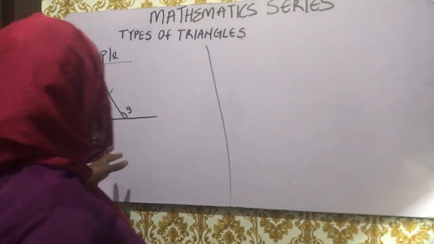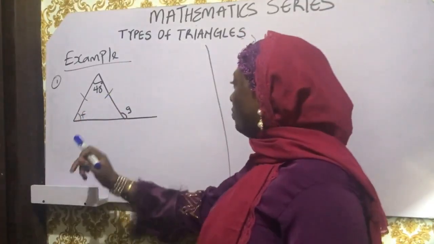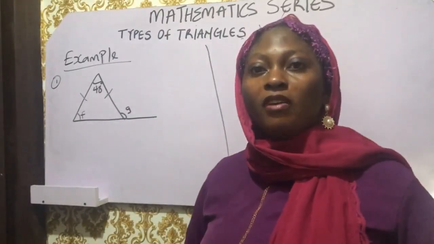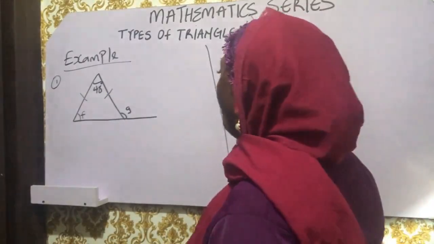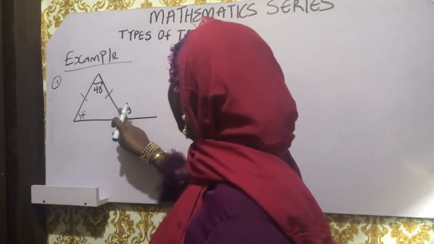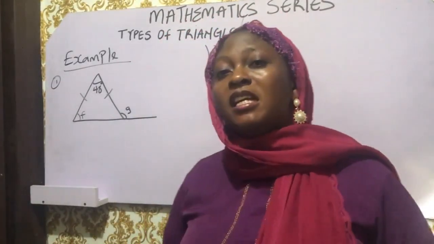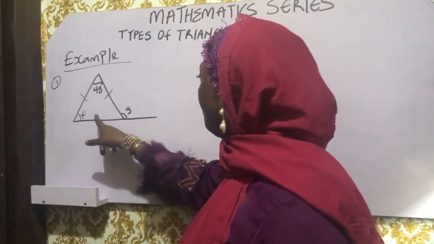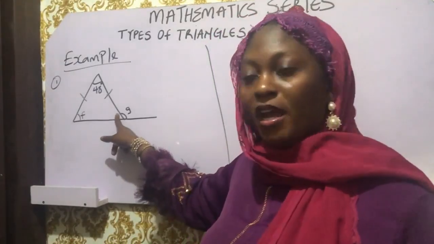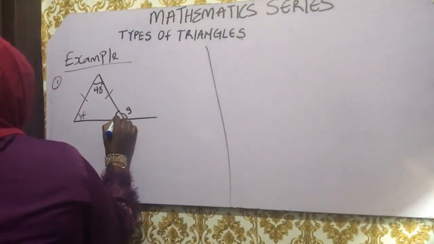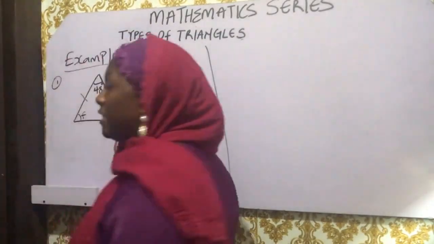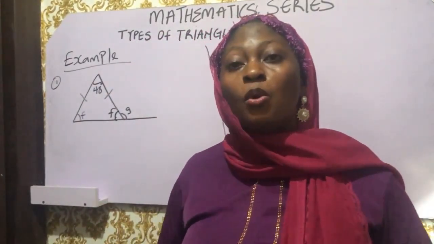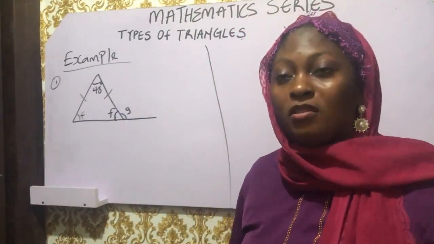In this triangle, we have 48 degrees, we have angle F, and we also have angle G. We are supposed to find angle F and G. But this side is unknown and this side is unknown. But because it is an isosceles triangle, if this angle is F, it means this angle is also going to be F. So I'm going to write F here because it is an isosceles triangle, and an isosceles triangle is a triangle with two equal angles and two equal sides.